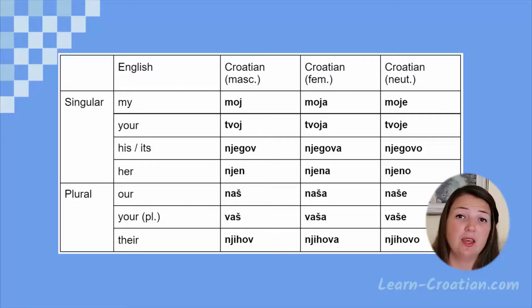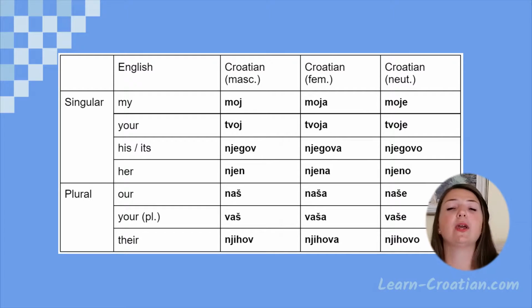But first, let's go through all of the pronouns so that you can see what you need to learn in order to use them all in your everyday speech. So please look at the table here. The first thing that you'll notice is that I have put these pronouns in order: my, your, his, her, its, our, your (plural), and their.